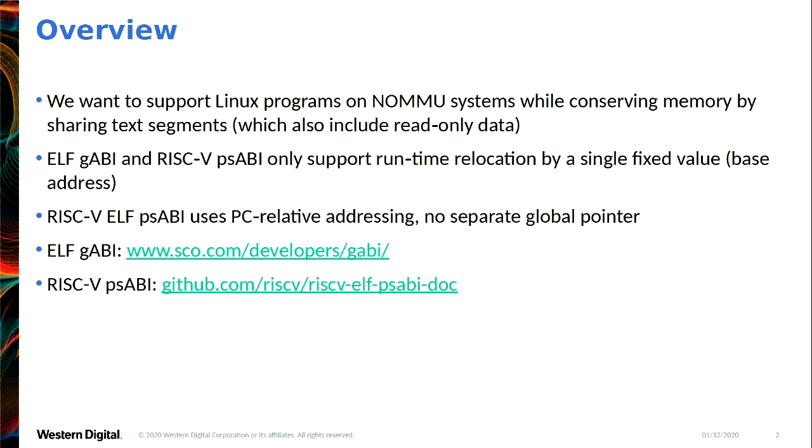And there's no separate global pointer assigned to a register, unlike with some other architectures where there's actually a global pointer register. For your reference, here are pointers to the ELF GABI, the general ABI, which describes all the general principles for all the architectures, and the RISC-V psABI.